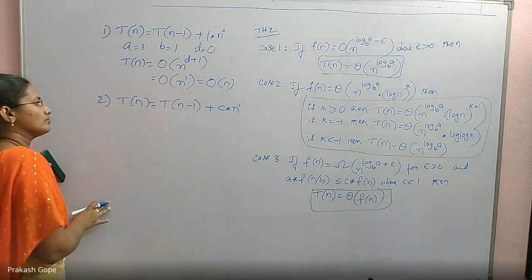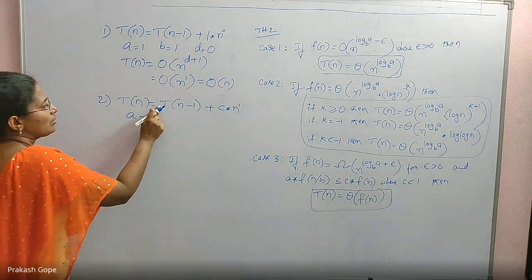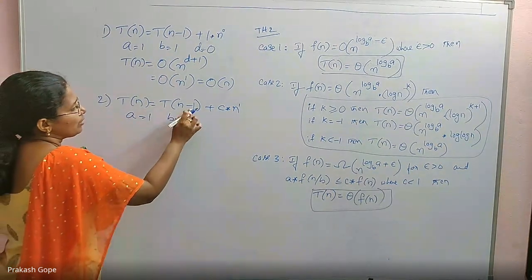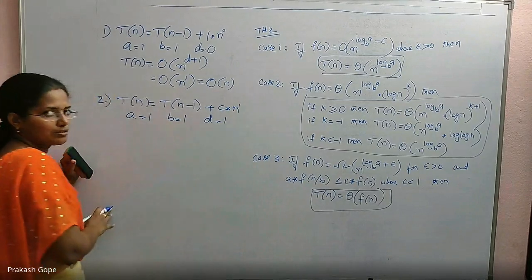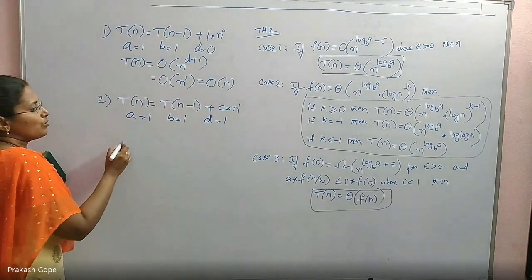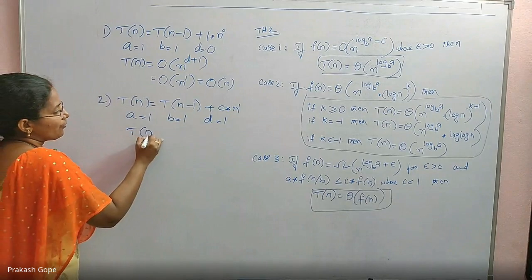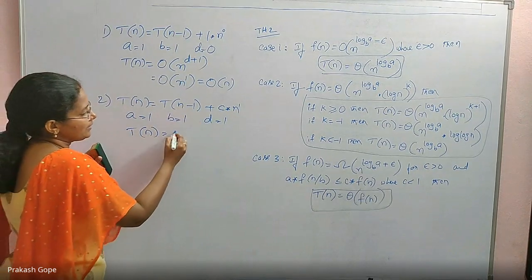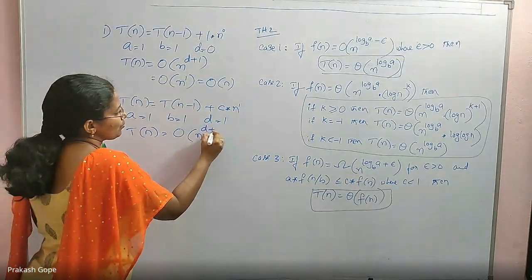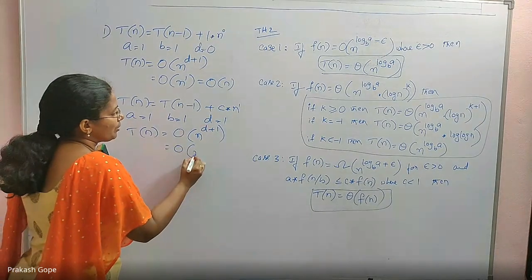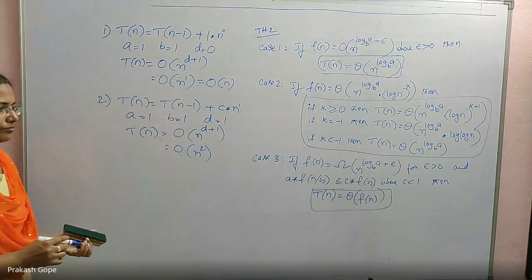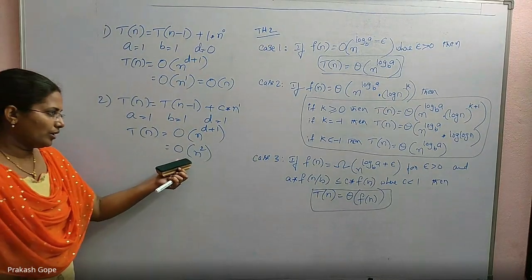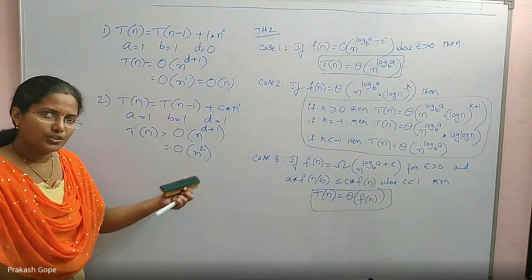So a equal to 1, b equal to 1, d equal to 1. When a is equal to 1, the formula of T of n for decrease and conquer is big O of n power d plus 1. Here d is 1, 1 plus 1 is 2, n square. So finally the answer is big O of n square.